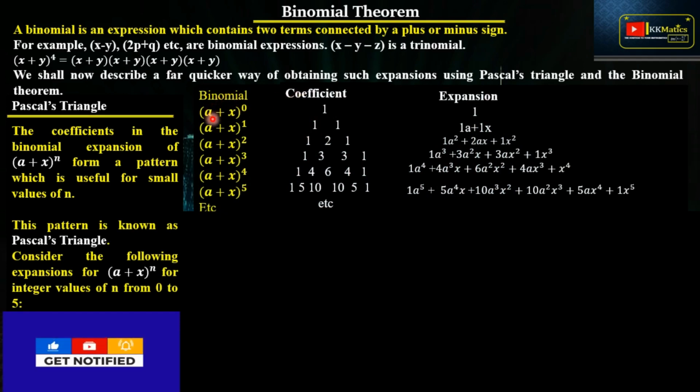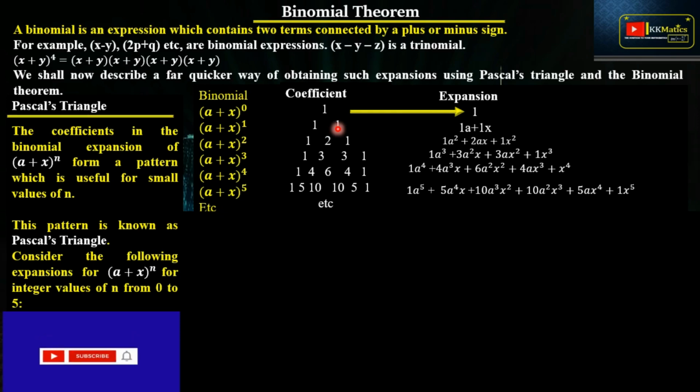Like we have a binomial expression (a plus x) all raised to the power 0. The coefficient here is 1, and this expansion is 1 here. Now, when we consider (a plus x) all raised to the power 1, the coefficients are 1 and 1. One thing you need to know here is that the coefficients always start with 1 and always end with 1.